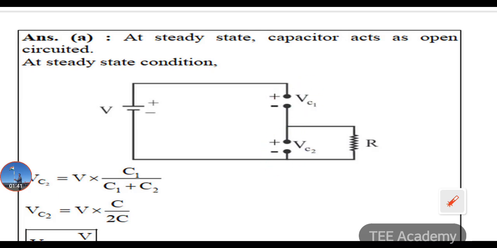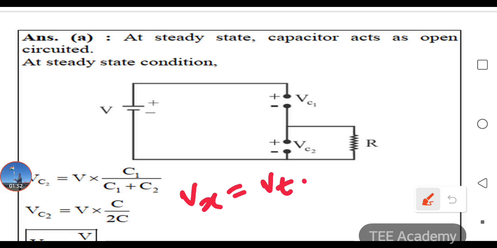So it's just a simple voltage division rule here. Voltage division says that the voltage at point X is equal to the total voltage times, in case of resistors, the particular resistor value where you want the voltage, but in case of capacitors it's opposite.